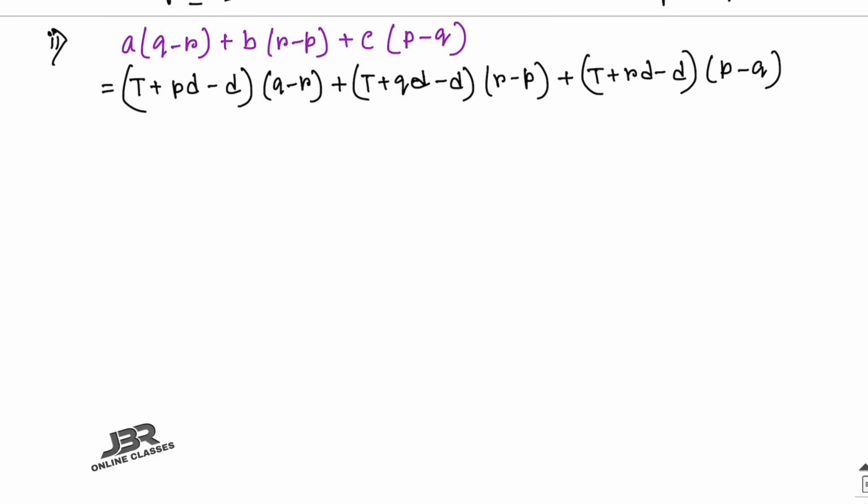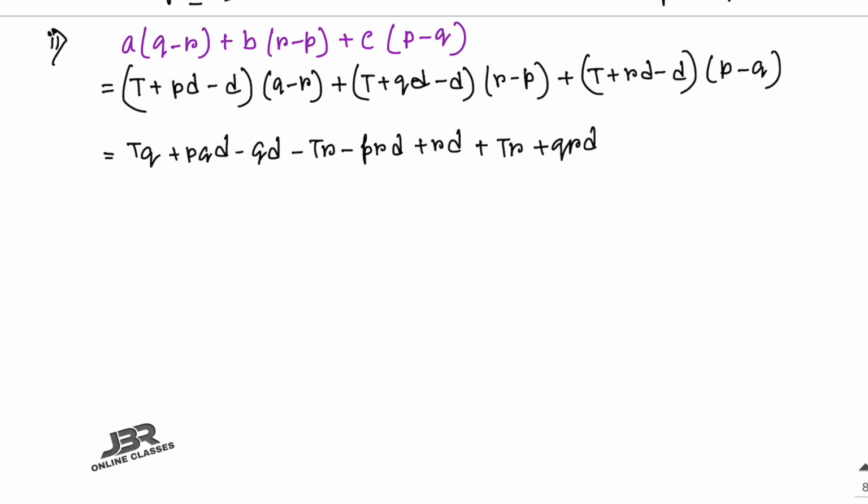Now multiply carefully. TQ, then PQD minus QD, then minus TR, minus PRD plus RD. Next TR, QRD minus RD, then minus TP, minus PQD and plus PD.